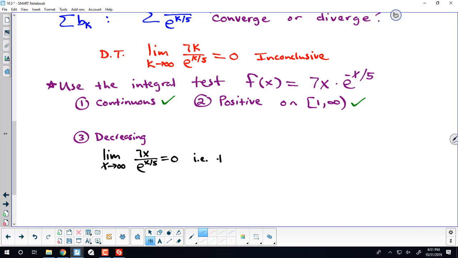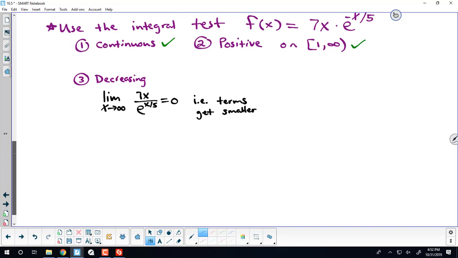That is, the terms get smaller and smaller. So if you're trying to answer it that way, sometimes growth rates are helpful to answer that question. Other times you might have L'Hopital's rule involved in doing that. So that could be an option. We could also look at the derivative and test the first derivative.